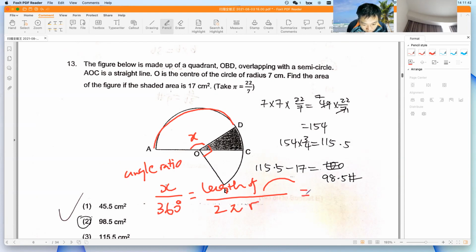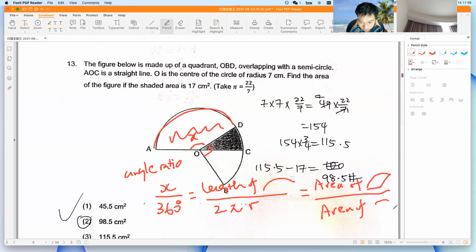So the ratio of the area of this thing is over the area of the circle. If I need to change this, I will change it to the perimeter of the circle. Okay, get it?